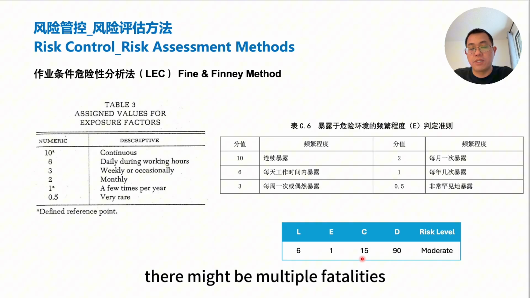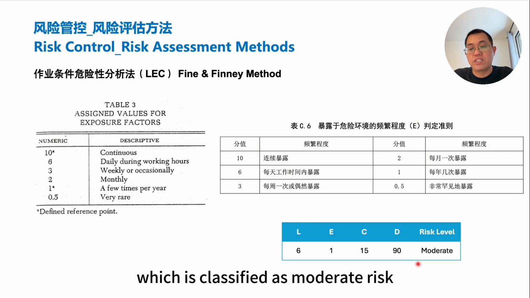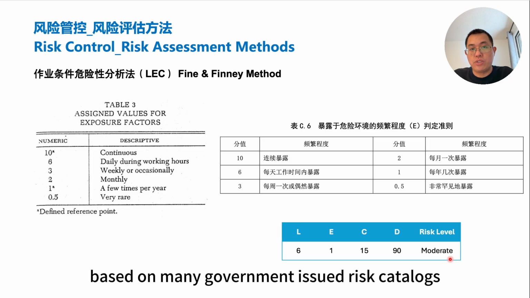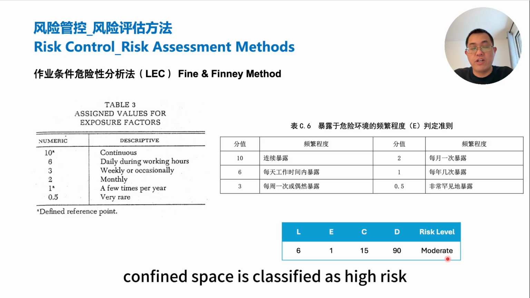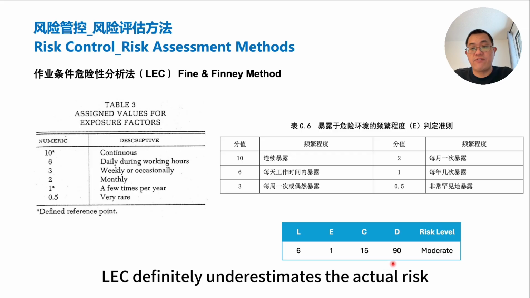There might be multiple fatalities. So the score would be 15. This gives you a final risk score of only 90, which is classified as moderate risk. But we know that based on many government-issued risk catalogs, confined space is classified as high risk. So in this case, LEC definitely underestimates the actual risk.